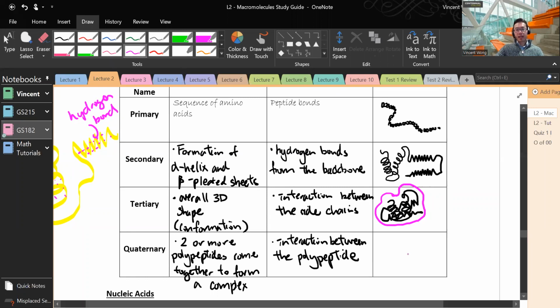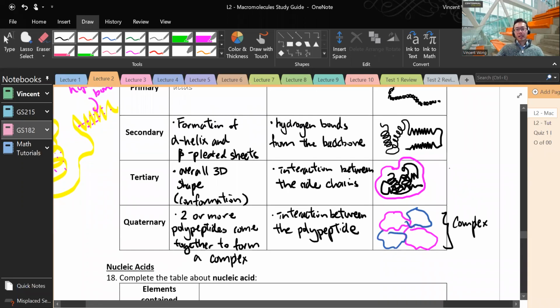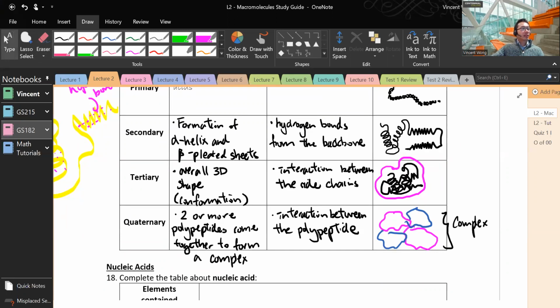So you might have two pink subunits, and then you might have two blue subunits, and that forms an entire complex that has some other function. Yeah, exactly, Mavis. Like hemoglobin, right? You have the alpha chains and the beta chains, and it's like one big complex.